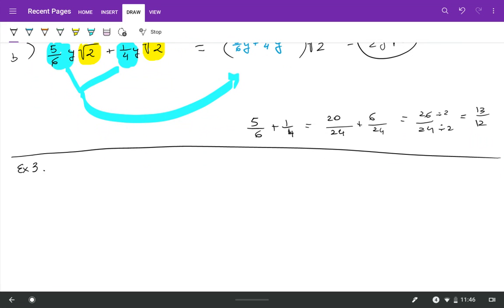So simplify the radicals and add or subtract as indicated.